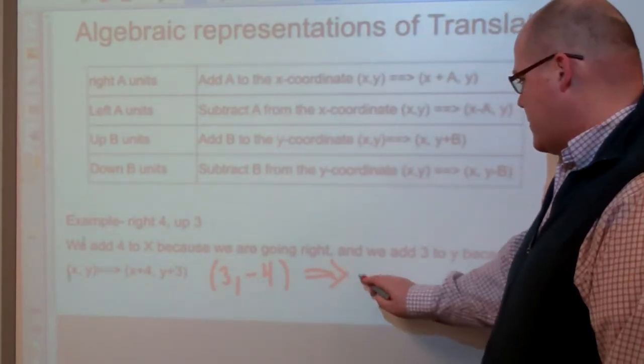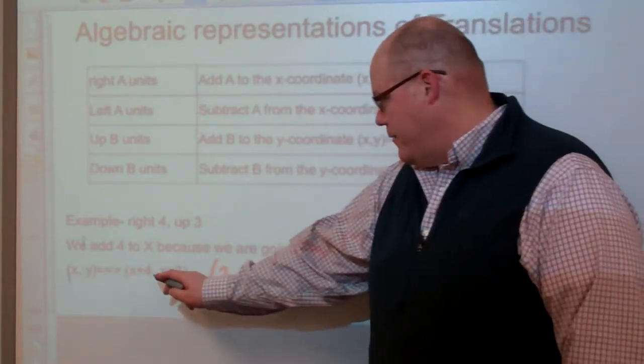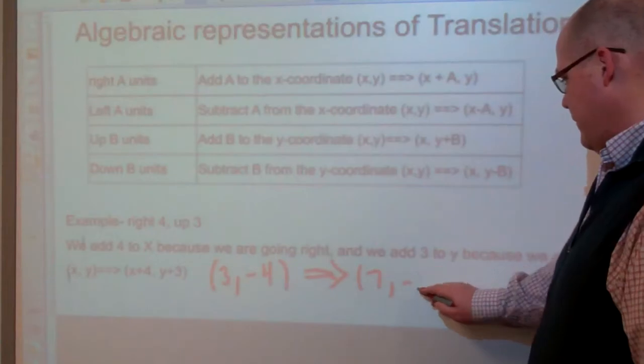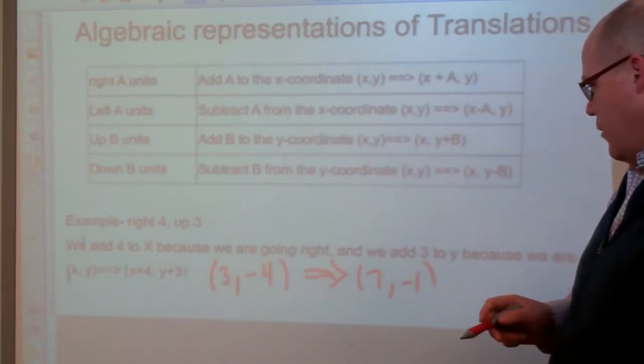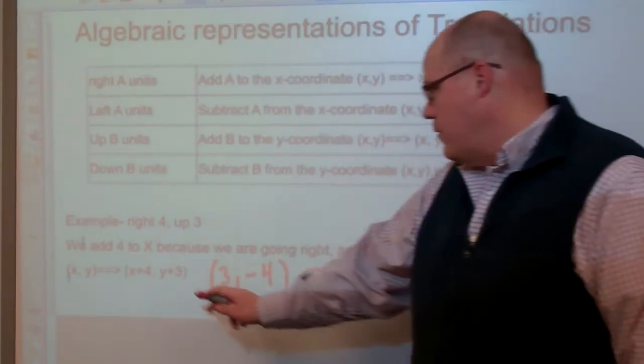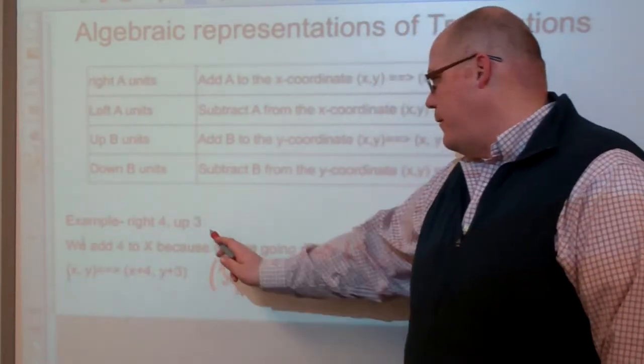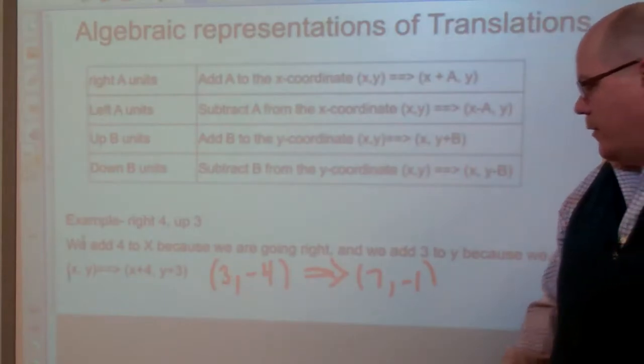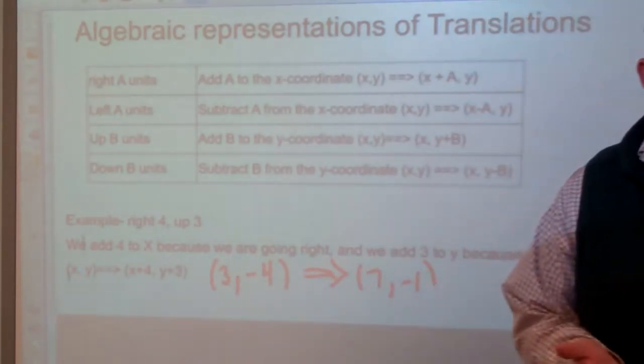So this becomes 7, and we're adding 3 to -4. This becomes -1. So when we translate 4 to the right and up 3, we go from 3, -4 to 7, -1.